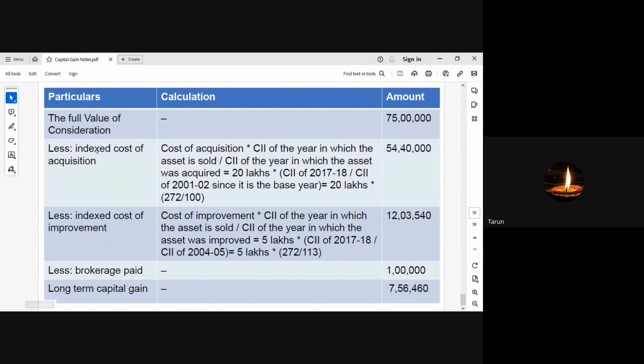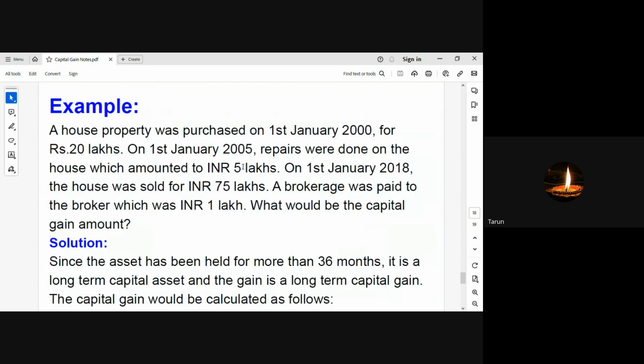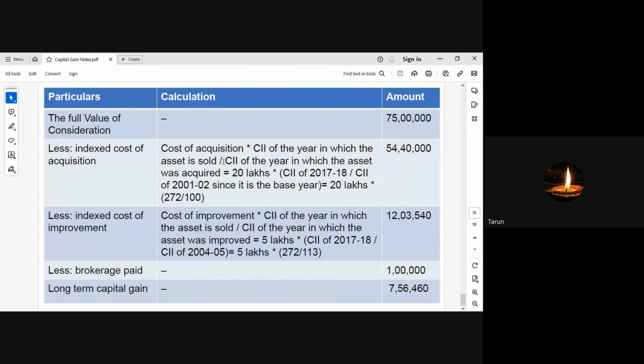Now, what is the formula of the index cost of acquisition? The formula is already given to you: CII of the year in which the asset is sold, divided by the CII of the year in which the asset was acquired.